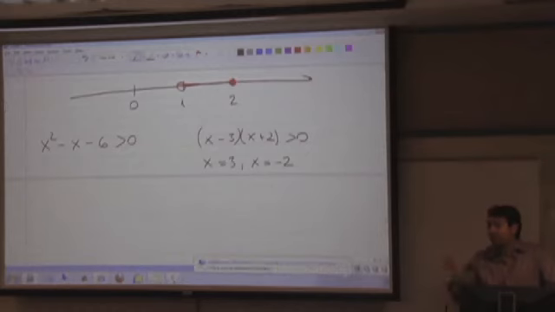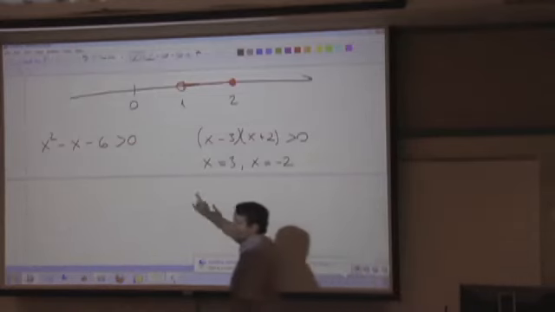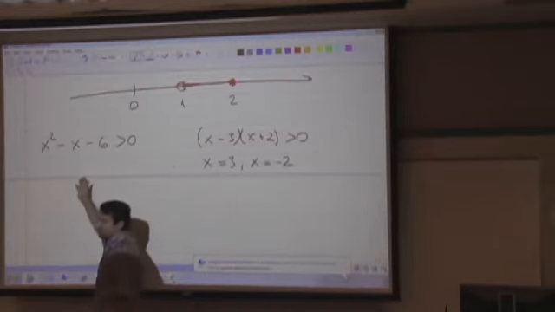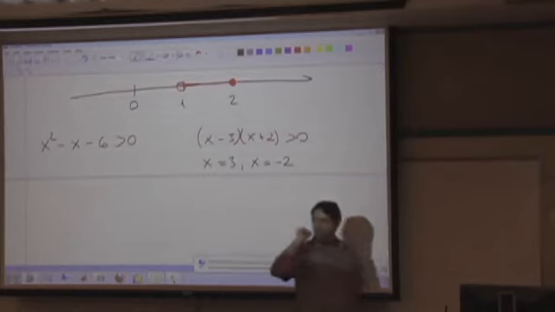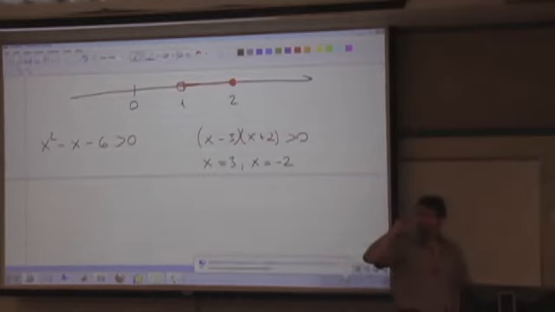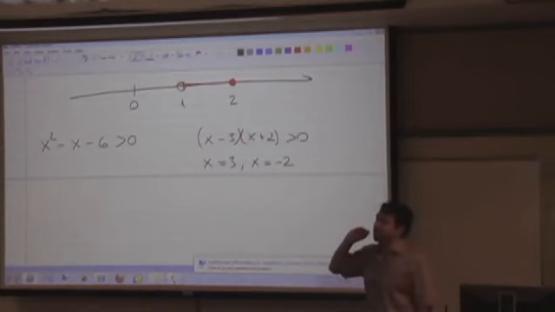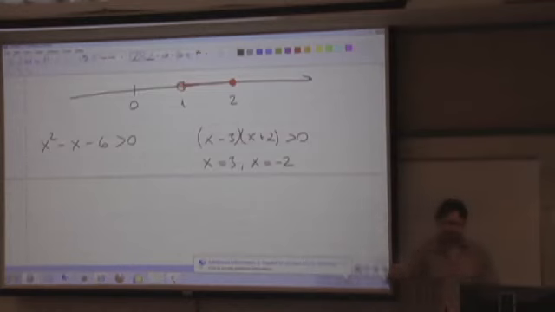Keep in mind what we're actually solving for. The whole idea behind this is that we're solving an inequality in x. So the answers are all numbers including 3 and greater than 3, and all numbers including negative 2 and below? Are you sure about that? Don't just go plug it in the original equation. Oh, yes, we tested that. Including everything greater than. Test it.